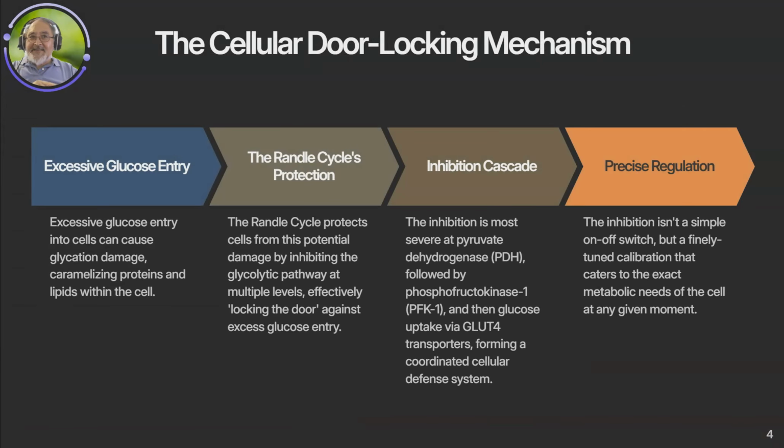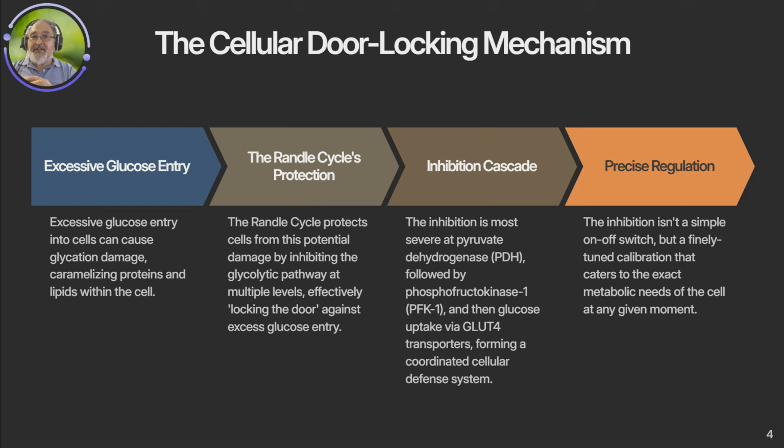The most fascinating aspect of the Randle cycle is how it protects cells from potential damage. When fat oxidation increases, it triggers a cascade of events that eventually locks the doors against excess glucose entry. This protective mechanism operates at multiple levels with increasing severity along the glycolytic pathway.